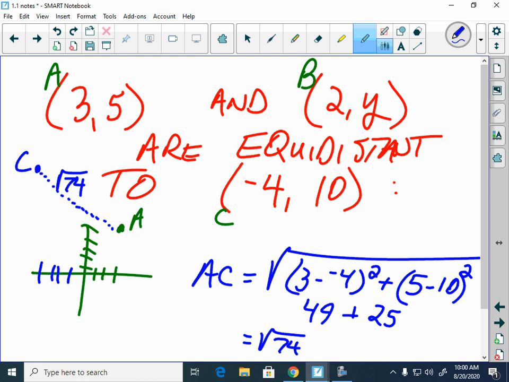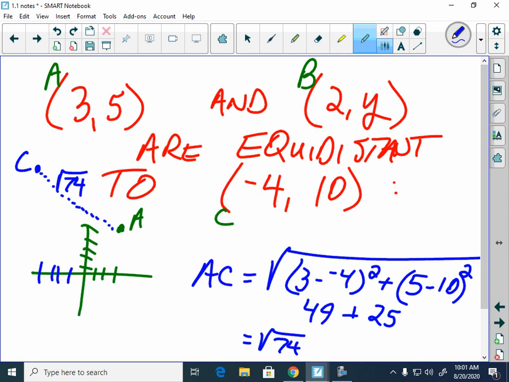If I want to solve for y, what do I have to do with point B? So this is how this class kind of works. You got to know what the word equidistant means, and then you're going to have to associate equidistant with the distance equation.